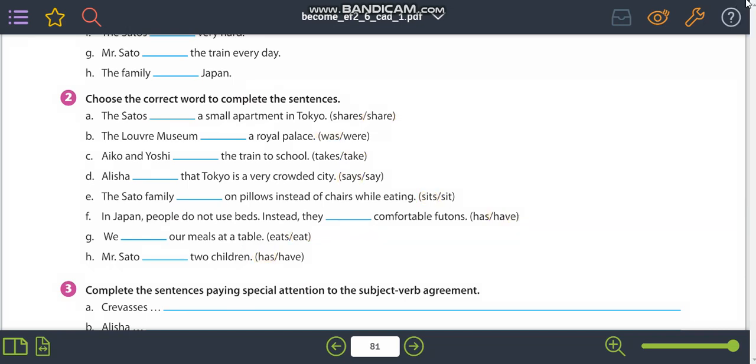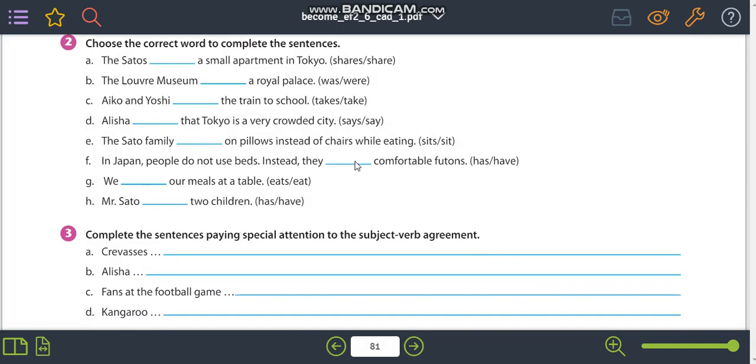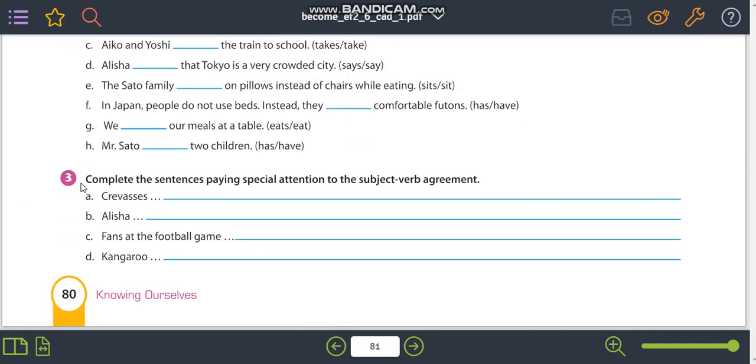So this is the first part of the exercise, the second exercise, and now the third exercise. They ask you to complete the sentence paying special attention to the subject-verb agreement. This is optional, okay? You can write differently. You just have to obey the rules. So crevices, you know that it's the plural form, so you cannot use the S in the end of the verb if it is in the present, right?